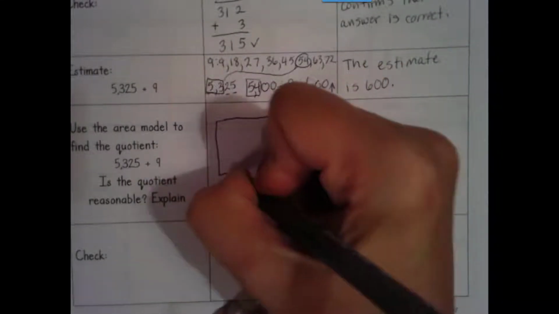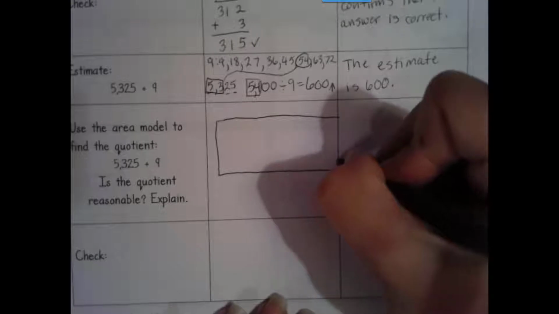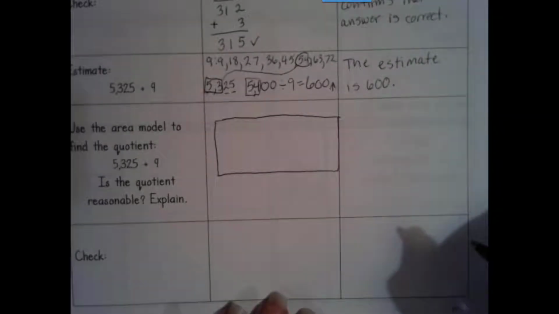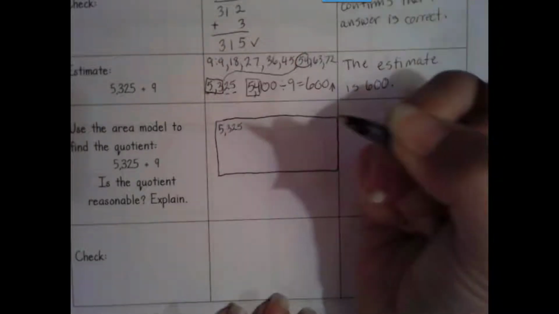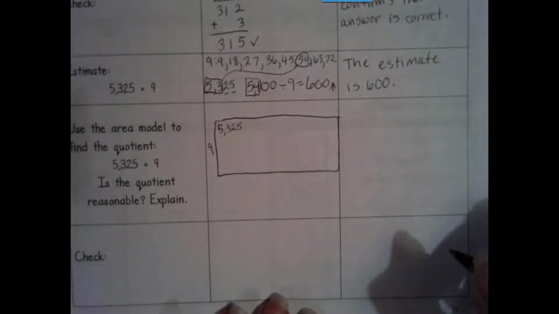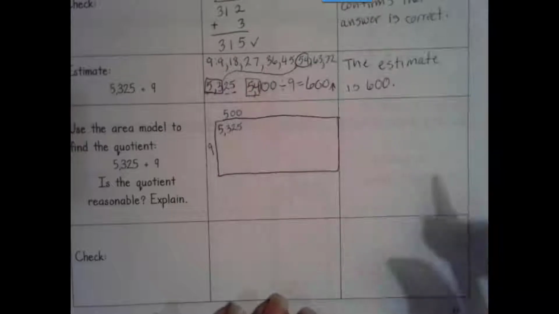Okay, so I'm going to draw my rectangle here for my area. Inside there's 5,325 little squares to cover that area. This side is 9, and I have to figure out what the other side is. So I'm going to use 500 because I know 600 is too big.